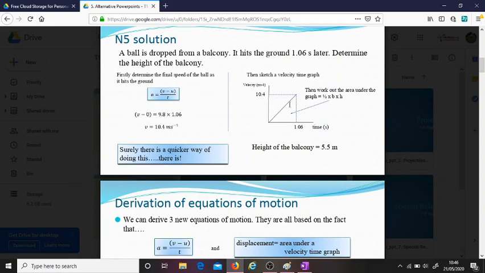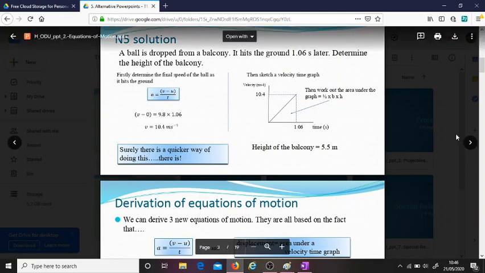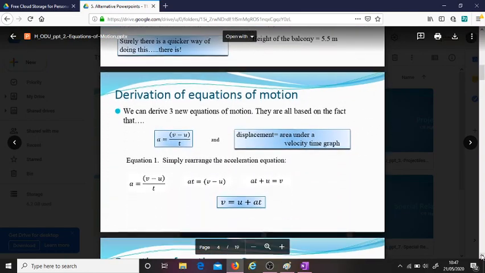Because it's a triangle, it's half base times height, and the height of the balcony would be 5.5 meters. However, this is a lot of working just for that question. So we actually have combinations of these equations that allow us to work these values out without doing as much work.